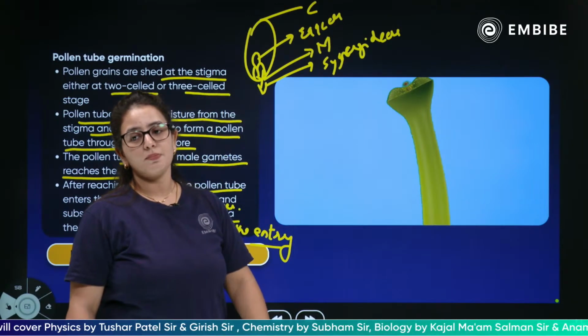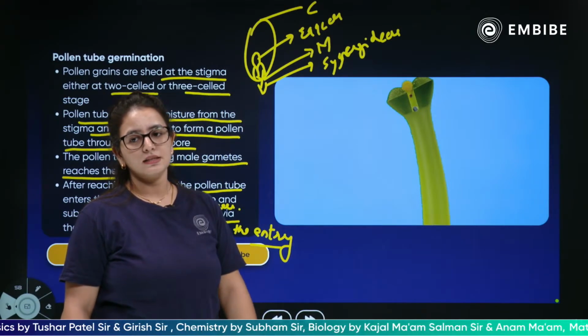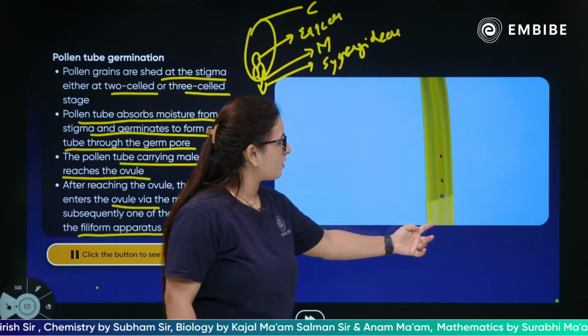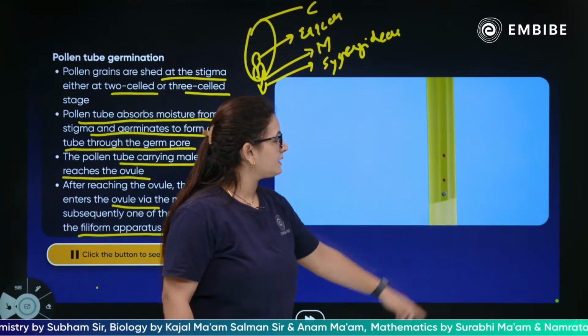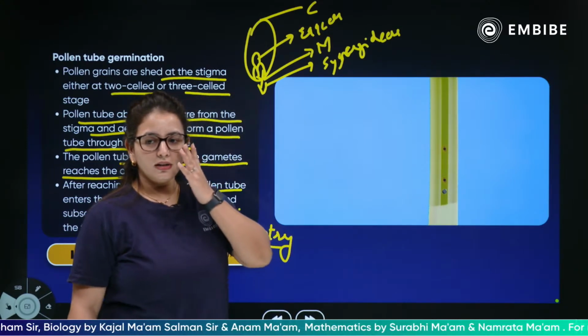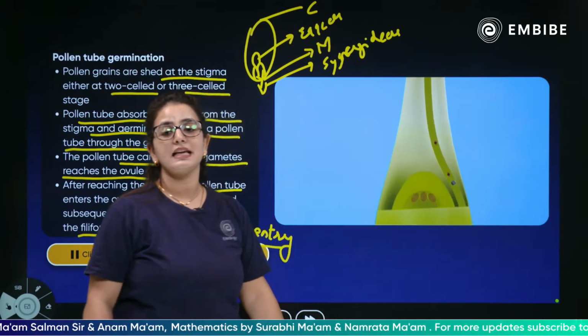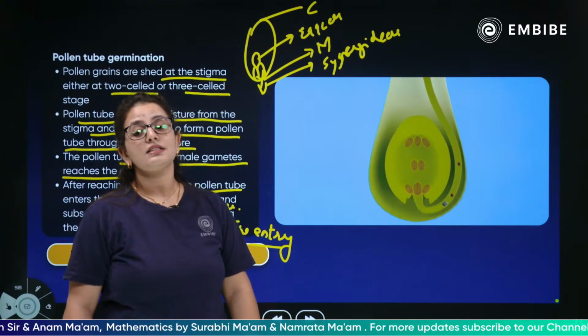As you can see, the pollen tube formation takes place. These are your male gametes. So, children, continuously this is how the pollen tube formation will take place in the stigma.